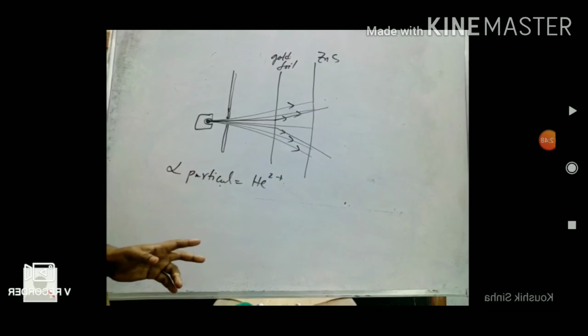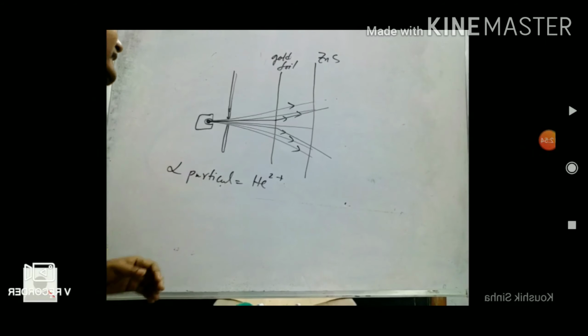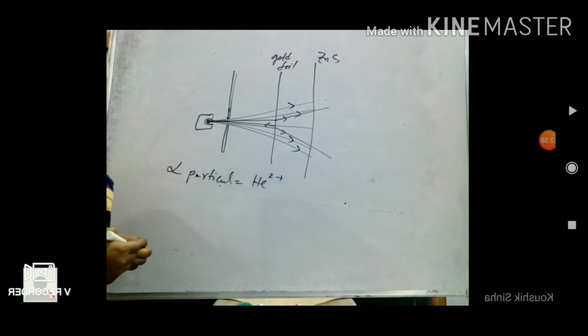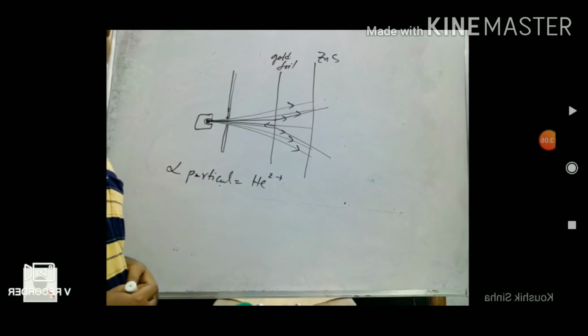Now, third observation: very few, 1 in 20,000, rebound in their path. That means the deflection is 180 degrees. What is the conclusion?